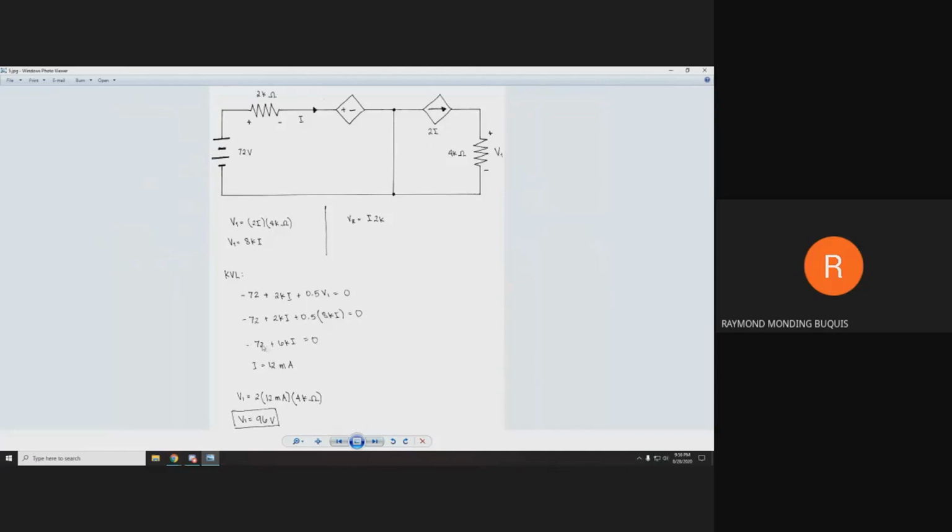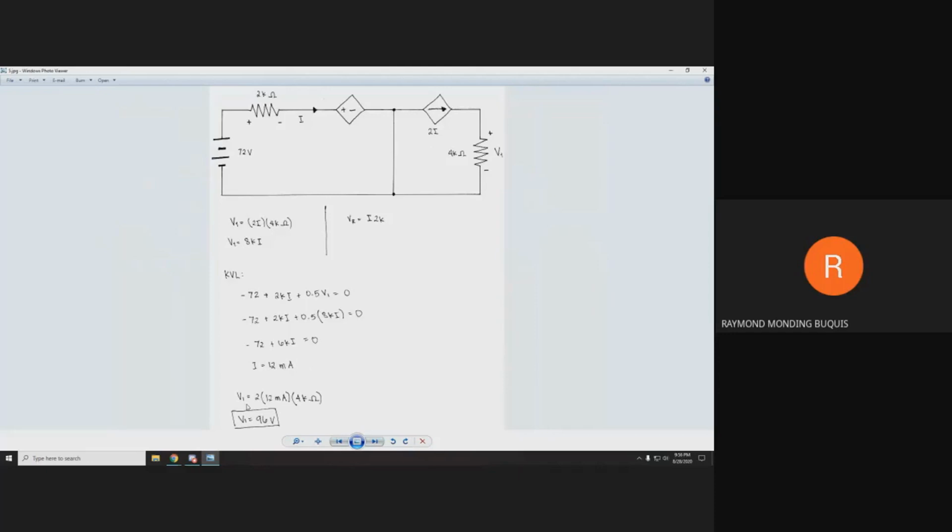So 2K plus 4K would be equal to 6K. So negative 72 plus 6KI is equal to 0. We can get the value of I by transferring 72 to the other side, which would result in a positive 72, and then dividing it by 6,000. So that would result in 12 milliamperes.